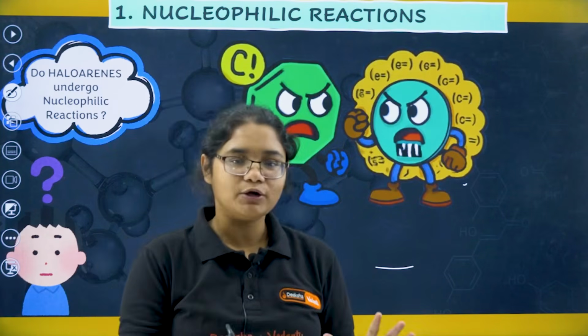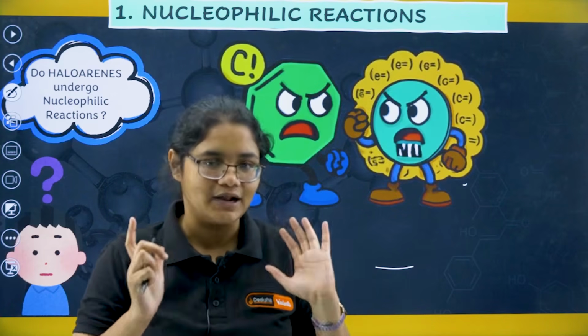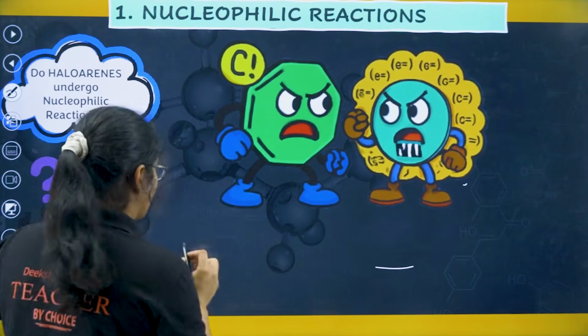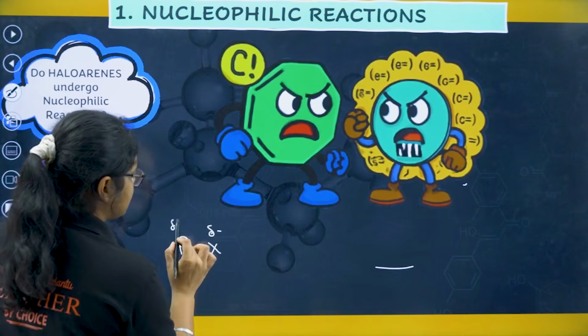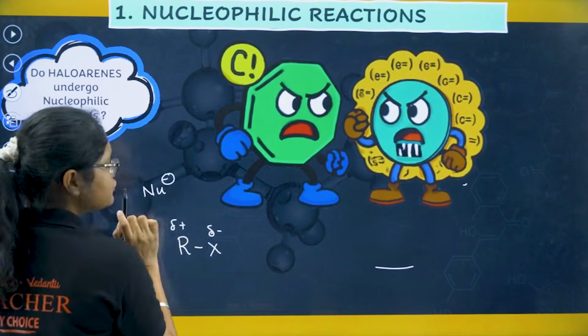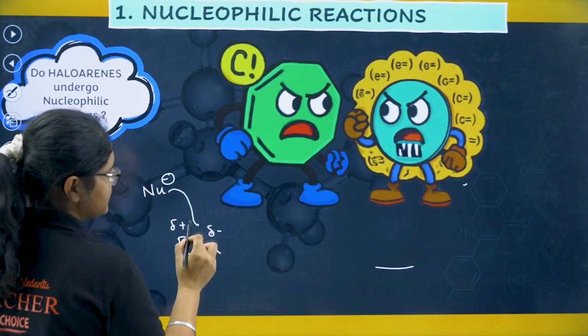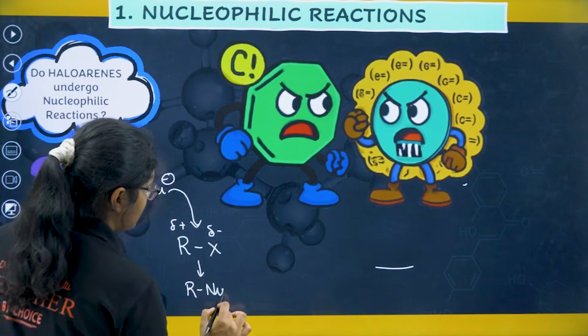Now we will be talking about why, but there is a very basic reason that you should understand. So let me first take the concept of haloalkanes. In haloalkanes, what we had was R-X, right? X was delta minus and R was delta plus, and then the nucleophile was there, which was electron rich, and this was electron deficient. So the nucleophile attacked here and we got a compound like this, right?